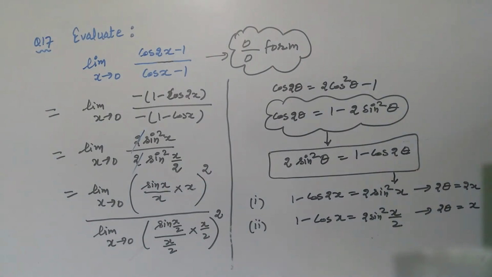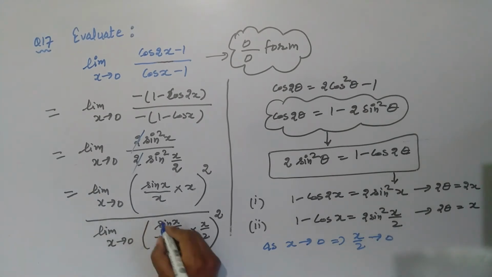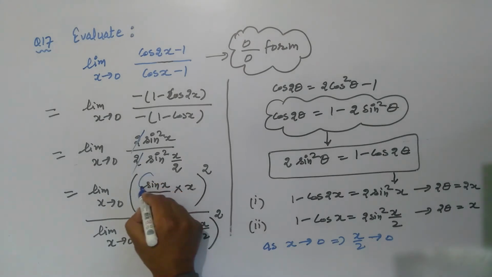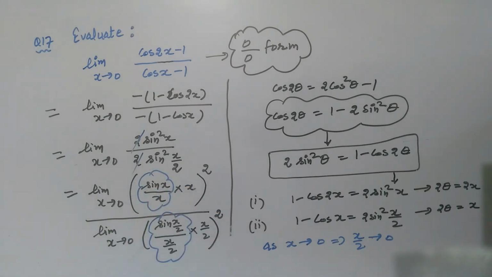Now as x approaches 0, x upon 2 also approaches 0. So this part becomes equal to 1, and in the numerator this also becomes equal to 1, right?